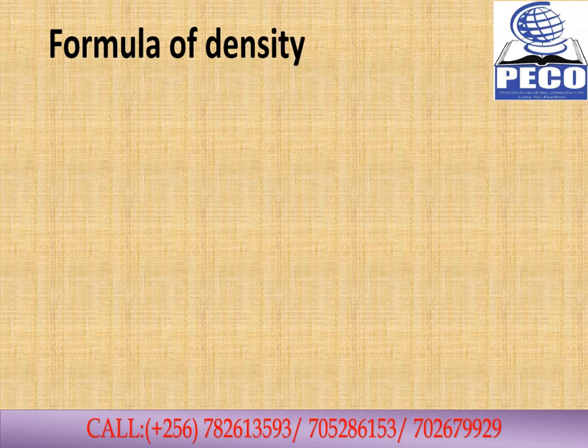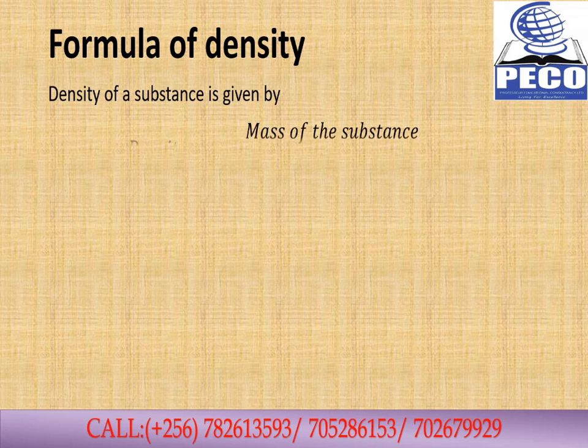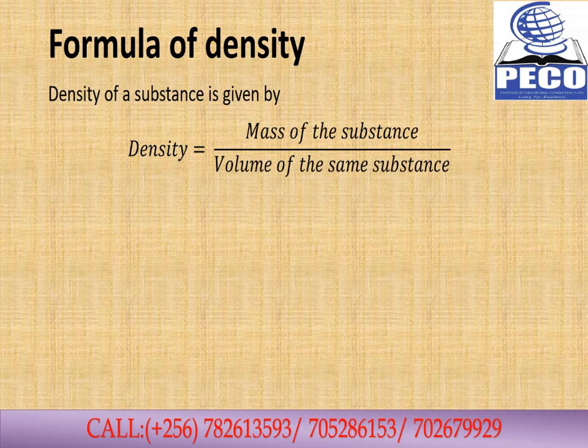Okay, now let us look at the formula for density. Of course, from the definition, density is the mass per unit volume of a substance. But how do we get it? It simply means get the mass of a substance divided by the volume of the same substance.